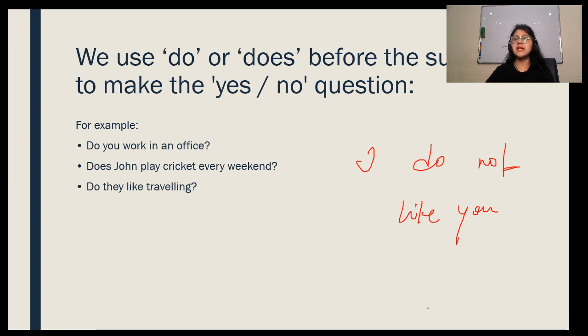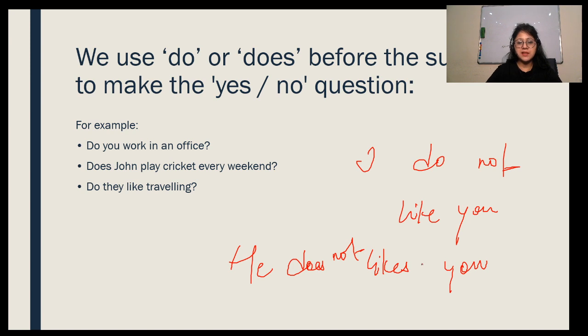So when you have a sentence like I do not like you, it's absolutely fine because I with the verb is like. But the moment you write he likes you, you can see there's an S. But the moment we say he does not like you, you can clearly see that the S goes away. So that's how the subject he is correlated with does, the auxiliary, and not the main verb like.